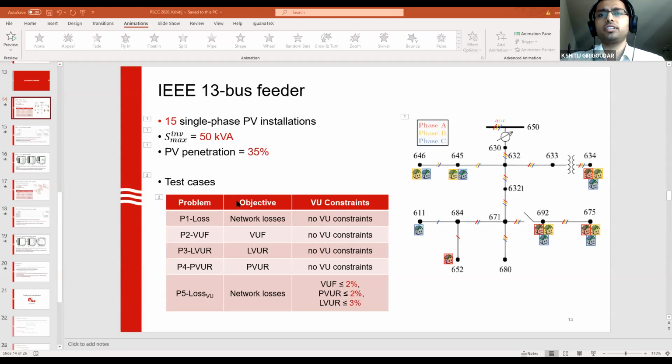For example, we just assume that the voltage regulator taps do not change. They actually might change when we run the OPF. But that would make the problem a little bit harder to solve because we are going to introduce binary variables in the OPF. So that is also one of the things we are looking at.